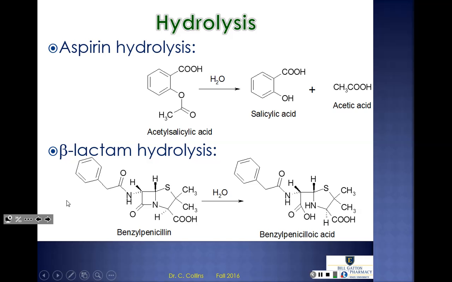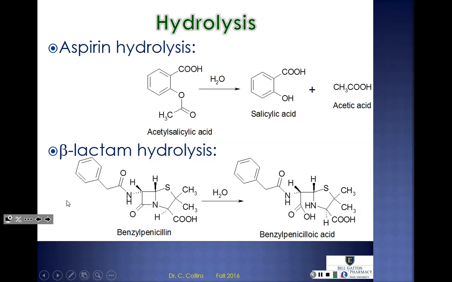Remember that 2-year expiration date we were talking about? Nah. Beta-lactams, penicillins, typically come, the injectable ones, as powders, and you put them into water right before you use them because they hydrolyze also.